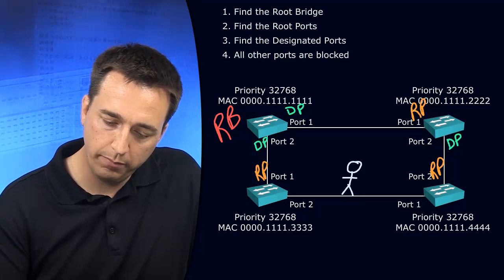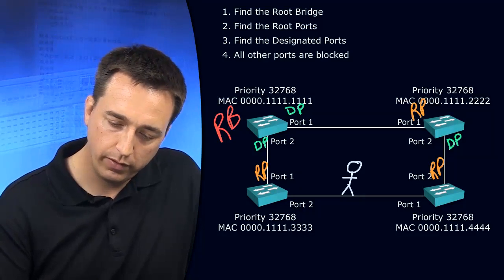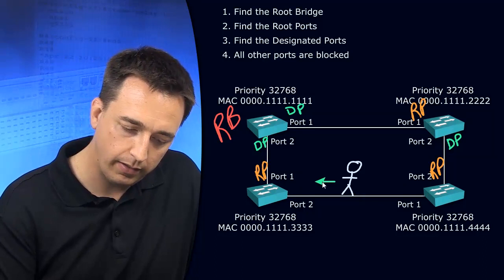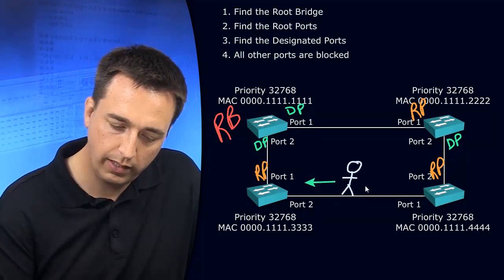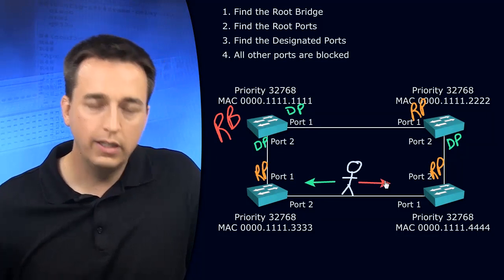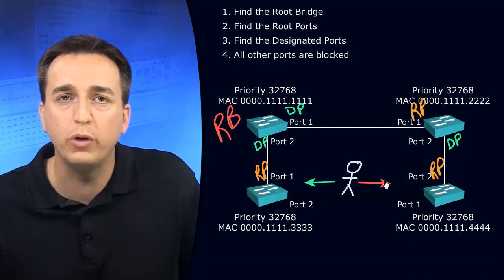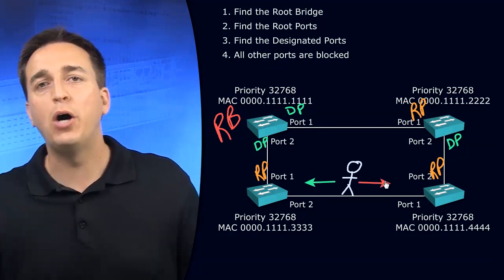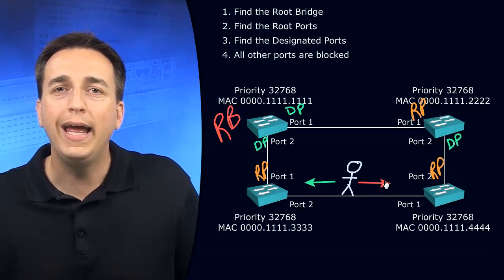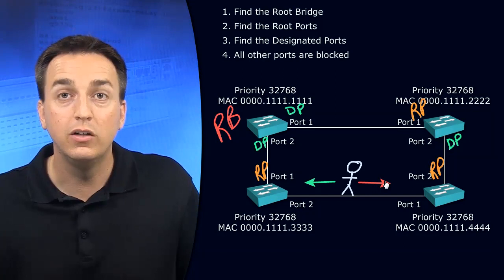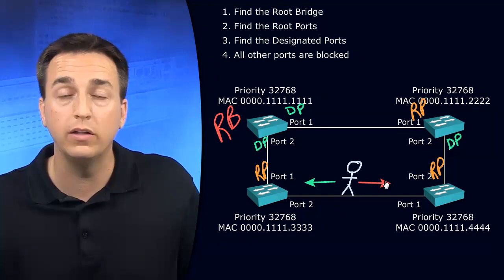And when I point in both directions, I ask myself, what is the quickest way to get back to the root bridge from this spot on the link? It's based on cost, just like the root port calculation was.